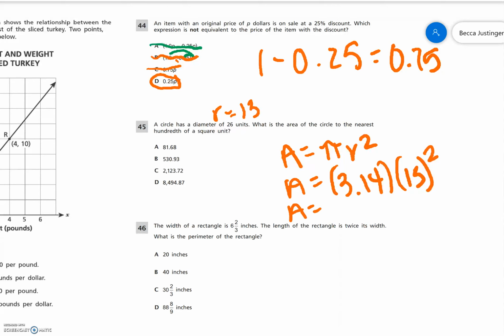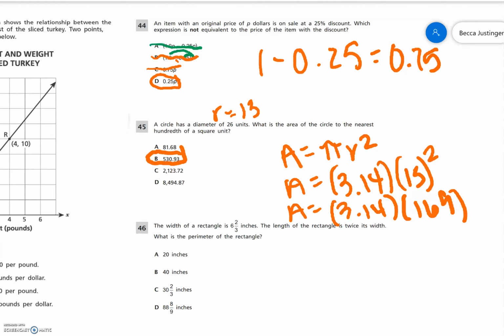So do the exponent first. 13 times 13 is 169. So do 3.14 times 169 equals 530.66. So B is the closest.